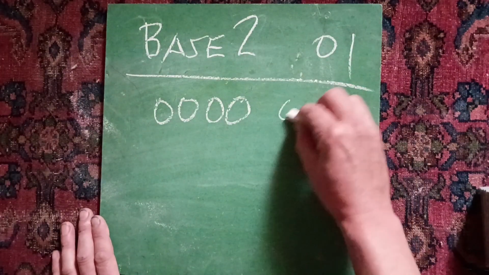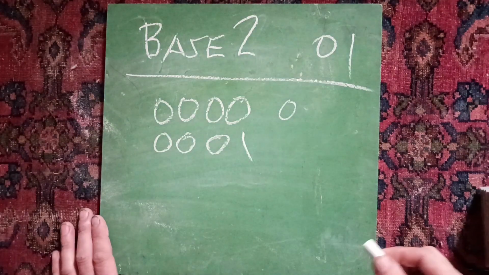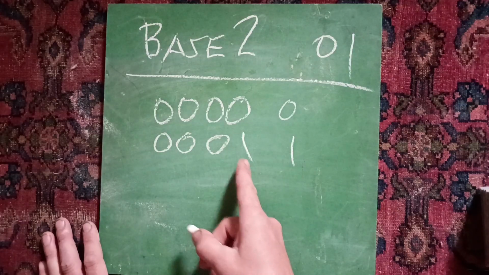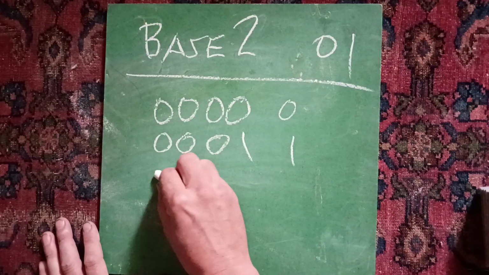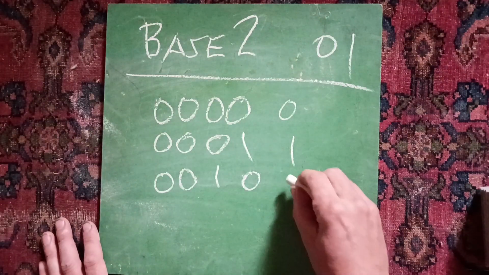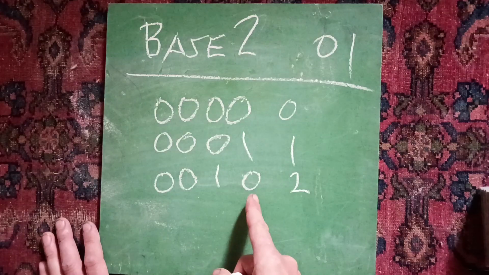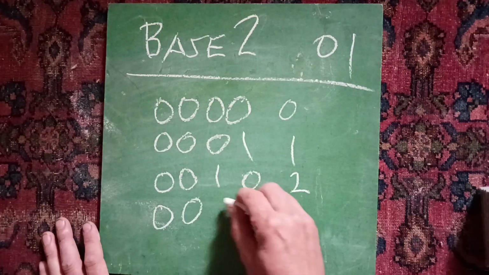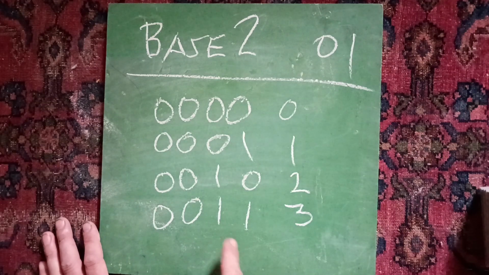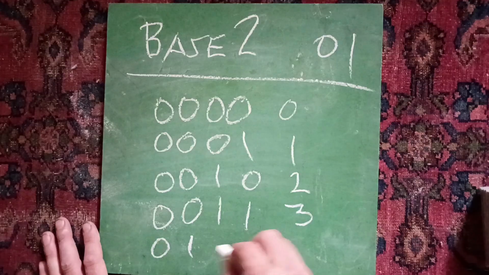There's 0. There's 1. That's the top number. Now it spins the next one over. That's 2. And now that's not the top number, so we're going to go up one again. That's 3. Now both of those are topped out, so it turns the next one.